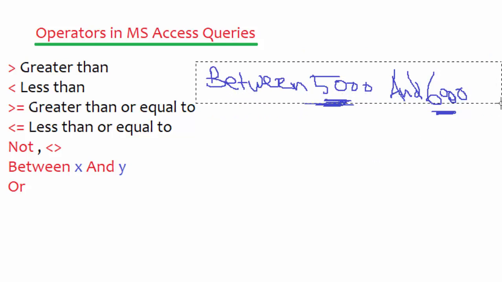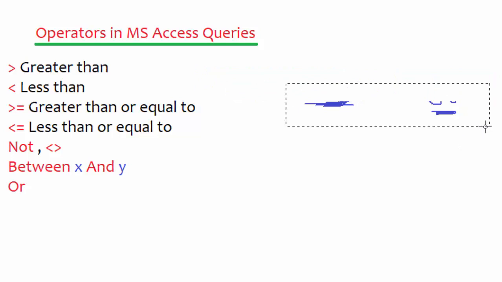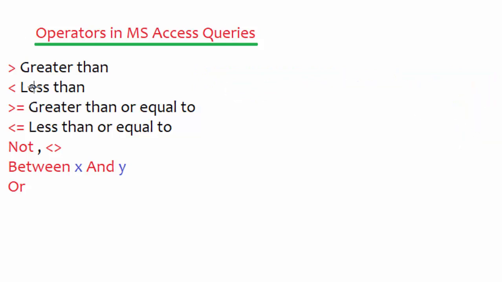Another last one now is the or, and this is also very helpful. For example, if you have a list of classes of students, and you only want students who are in class 5 and 6, and you don't want any other student, then you will use this.